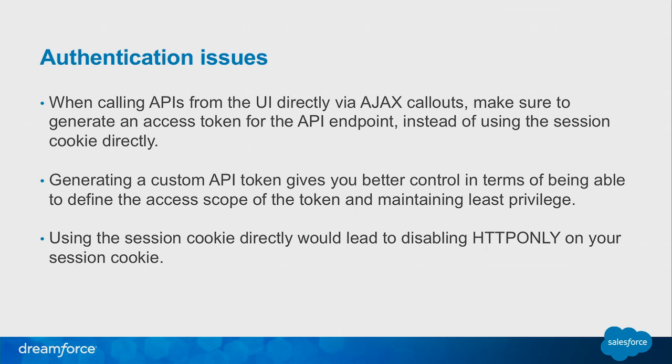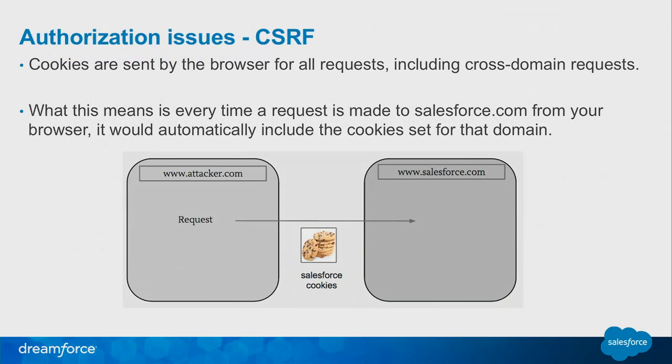So you want to make sure that instead of using the session cookie directly, you're generating a proper access token for it and then using that access token. And in general, generating a custom API token will give you better control in terms of being able to define the access scope and maintaining least privilege, which we already talked about. And you don't want the user to disable security settings that they don't want to, right?